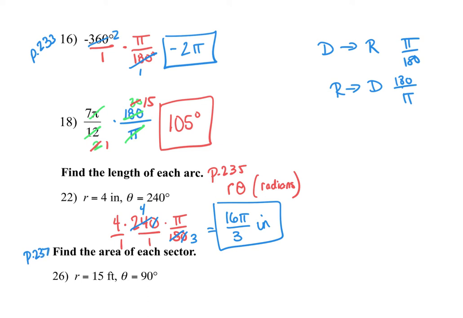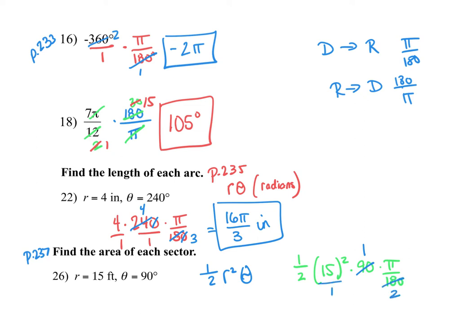Okay. This one is 1/2 r squared times theta, and it has to also be in radians. So I would say 1/2 times 15 squared times 90 times pi over 180. This is going to be a 1. That's going to be a 2.